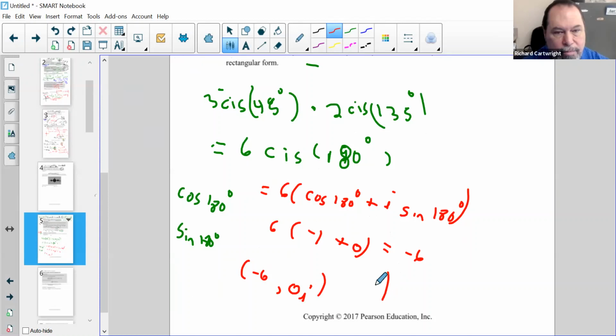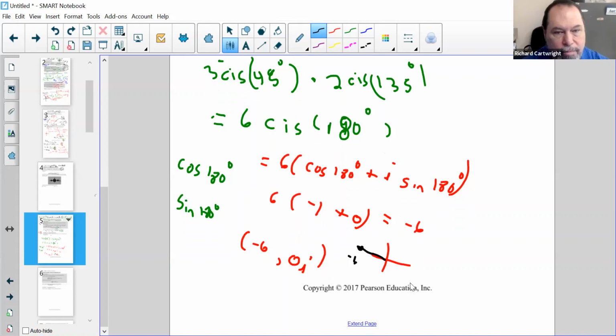If you were to graph that answer, the real part goes right here to -6, and it doesn't have an imaginary part. That's graphing the solution. Wow, that was fun.